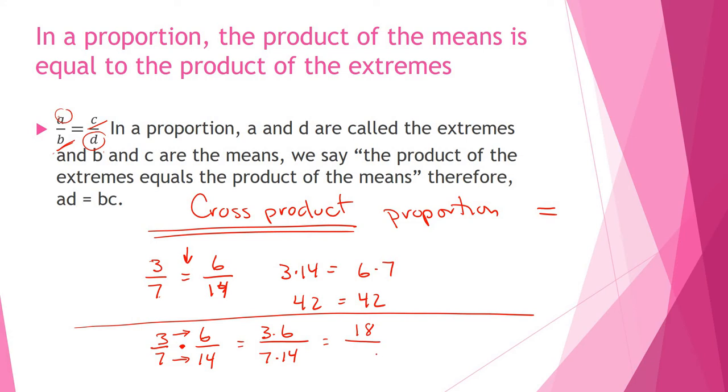So I get 3 times 6 is 18, and 7 times 14 is 98. Very, very different. This is a proportion. We can use our cross product. This is a multiplication problem. We multiply across. Make sure that you understand the difference between these two. This is a really common error that is made, so please make sure you look at this, and if you have any questions, ask me.